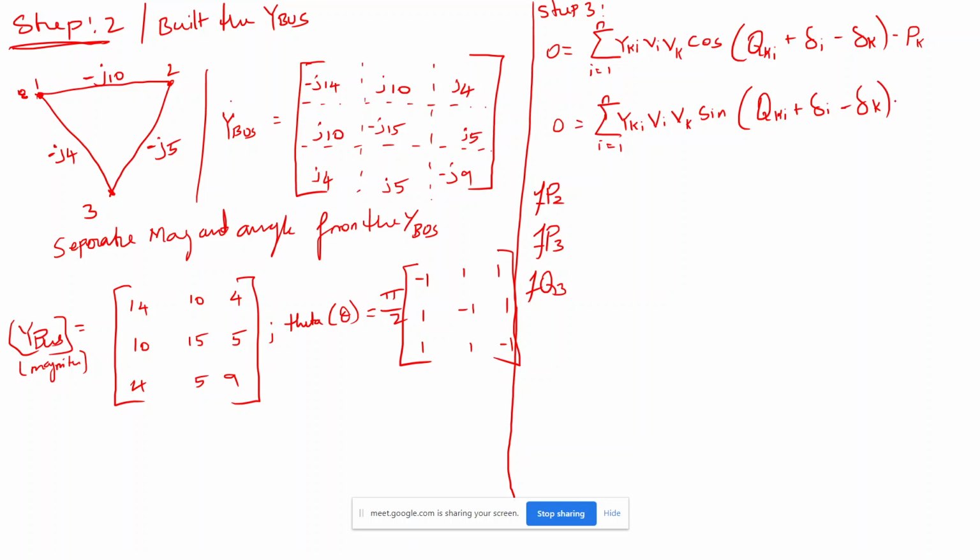Pk, and this will be Qk. Is there anything wrong? Nothing, right? I just put it equal to 0, then put that value inside, and this is minus Q.